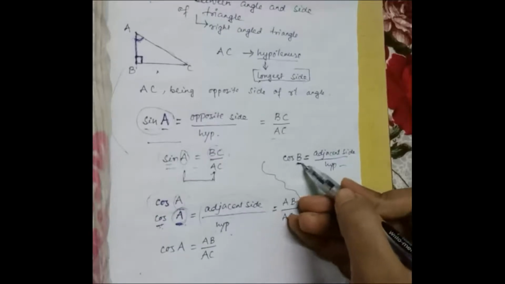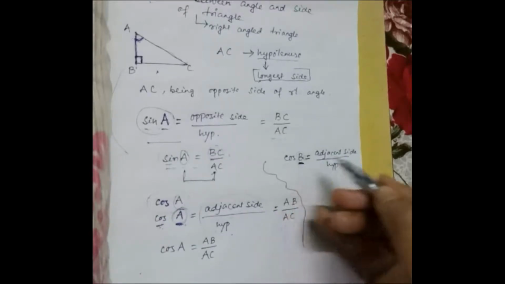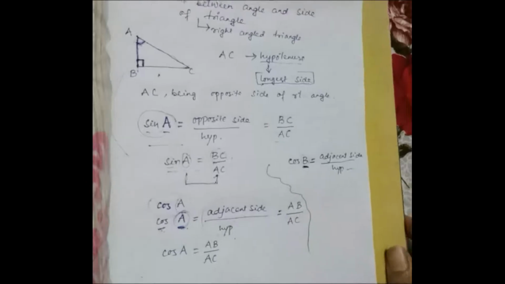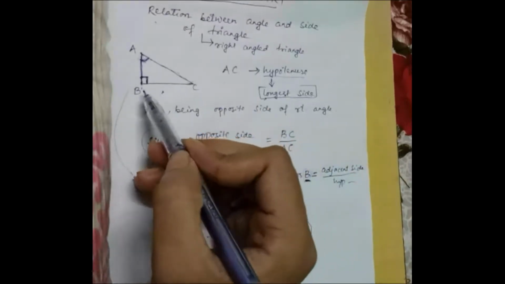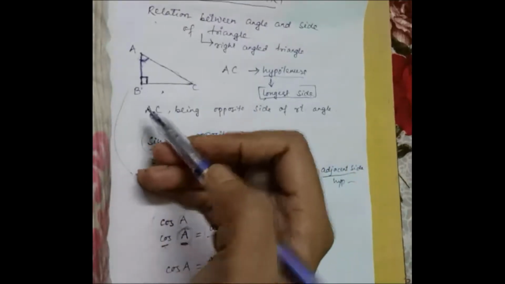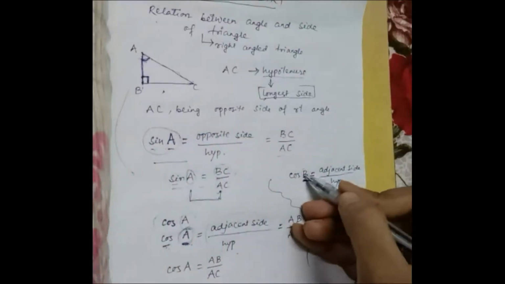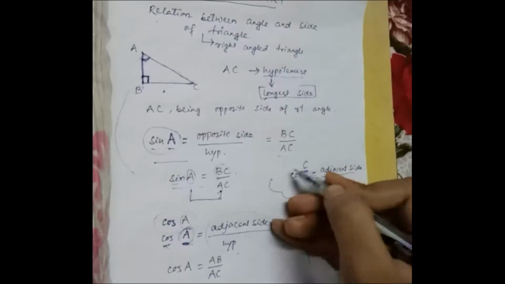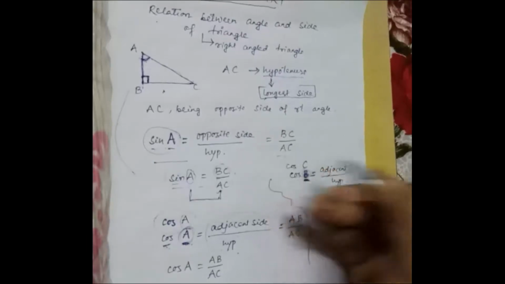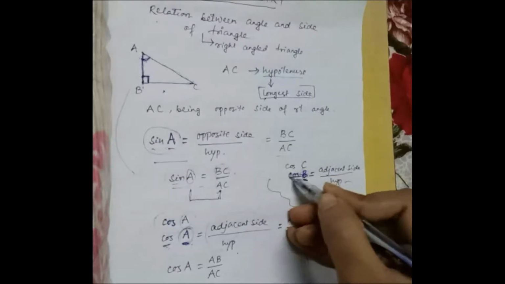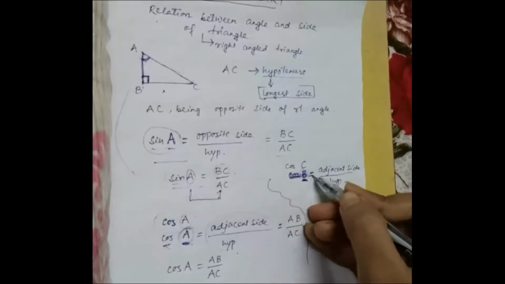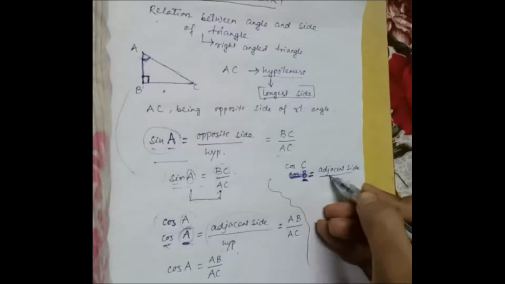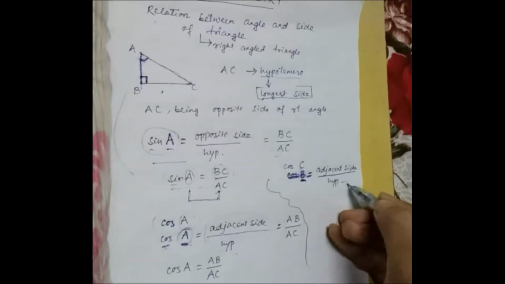Oh sorry, here B will not occur because B is 90 degrees. So we have to consider angle C. That means cos C. Cos C will be adjacent side by hypotenuse.